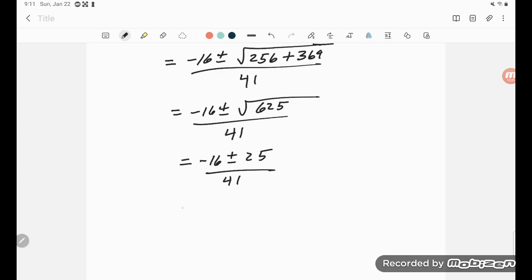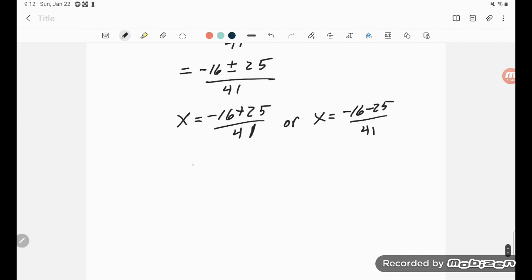So finally, at this point, what we know is x is equal to minus 16 plus 25 over 41, or x is equal to minus 16 minus 25 over 41. And I'm pretty darn sure I did this calculation correctly, not because of this one. I get 9 over 41. It could be right.